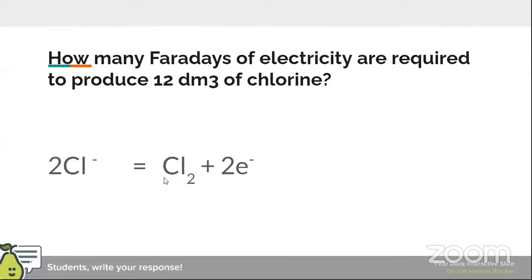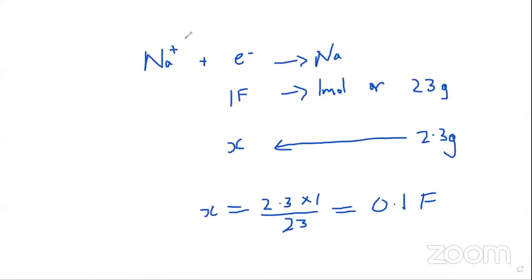If we look at this carefully, this is 2 Faradays, 2 moles of electron for 1 mole. So Cl- goes to Cl2 plus 2e-.